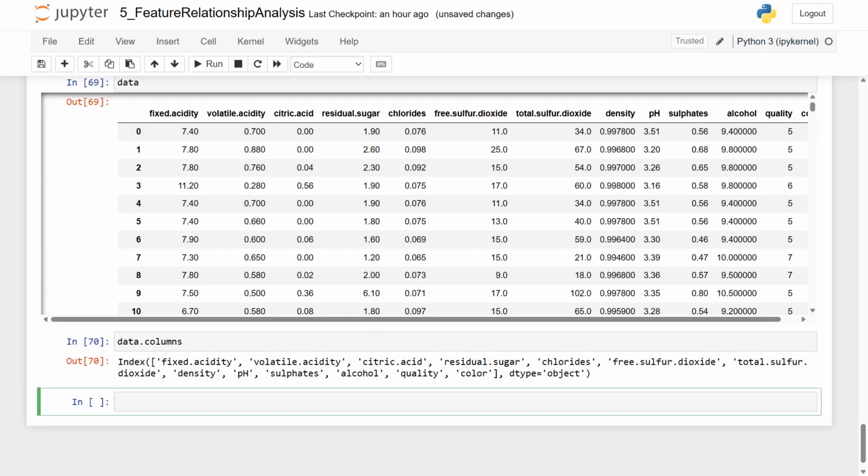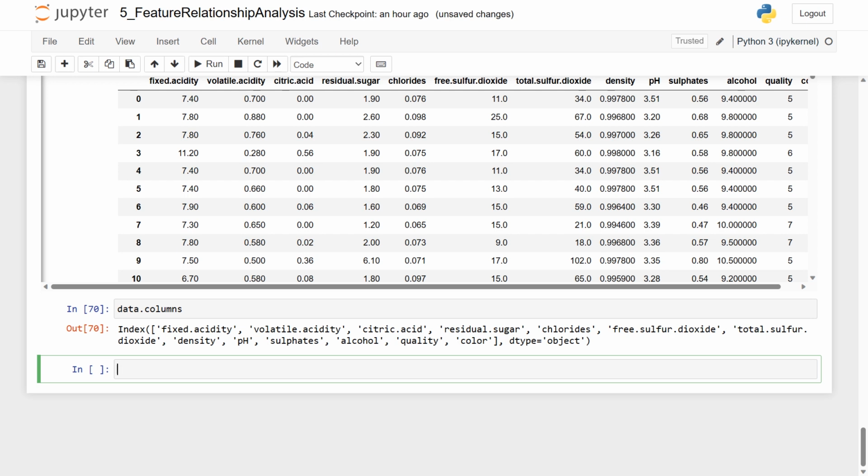Yeah, let it be. So now let's begin. Suppose we have two variables, x as fixed acidity and y as volatile acidity, and let's try to explore the relationship between these two.